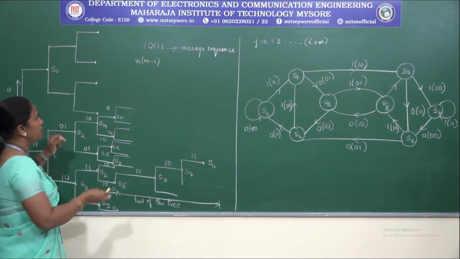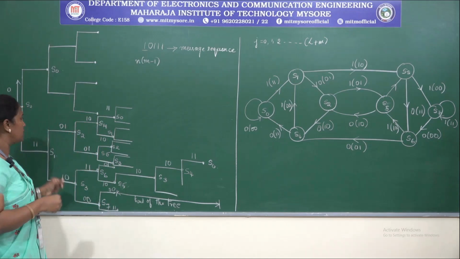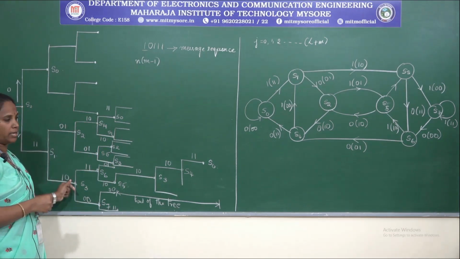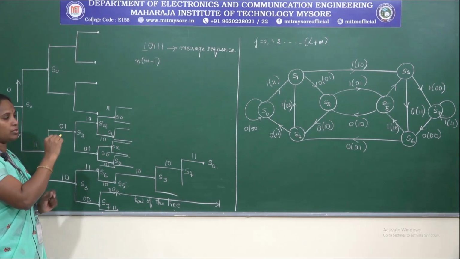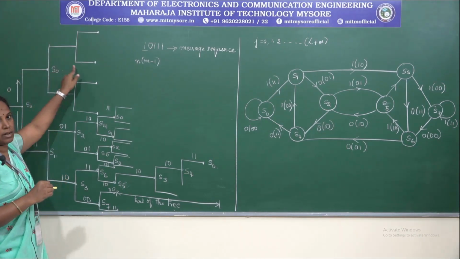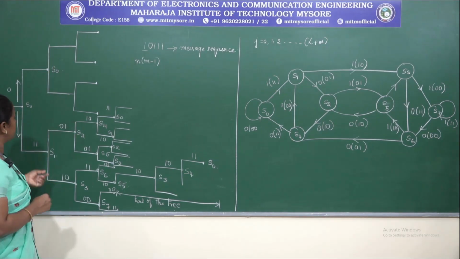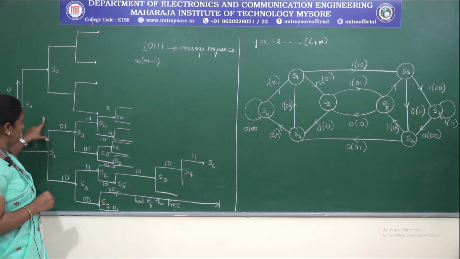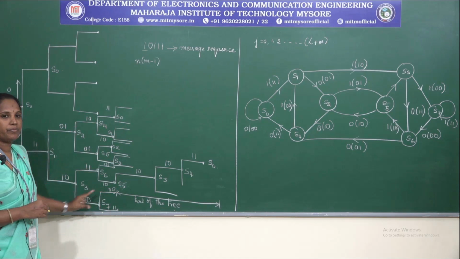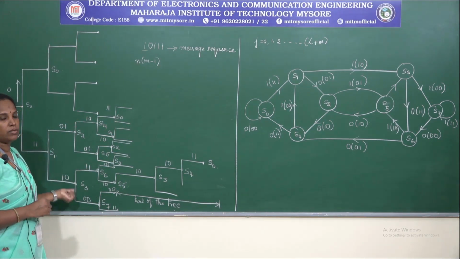Whenever your message sequence starts from 1, your transition begins in the downward direction. If the message sequence starts from the input 0, then the transition is going to start upwards. That's why I have not written the rest of the sequences here. This also has to be written, but we are interested in the downward sequence, so I have written the code tree with respect to the downward transition.